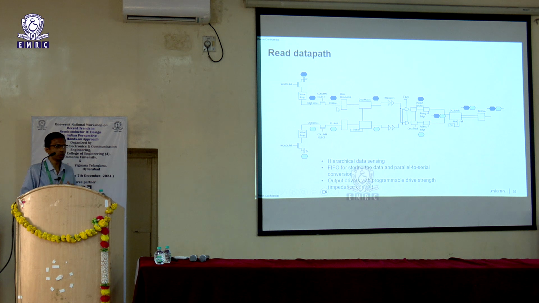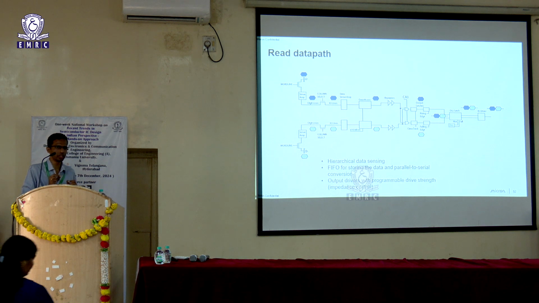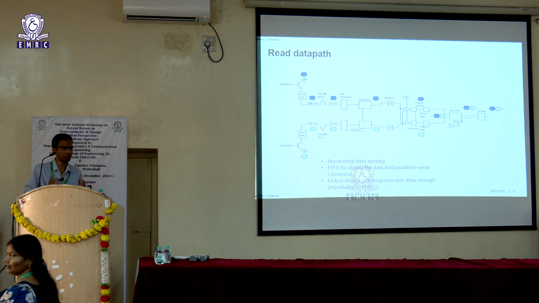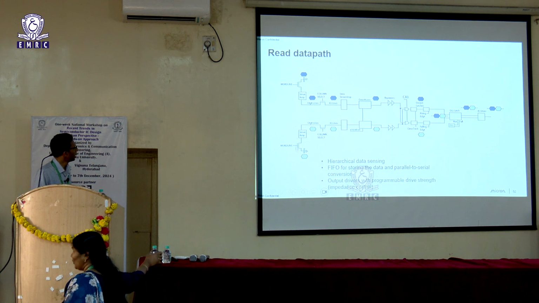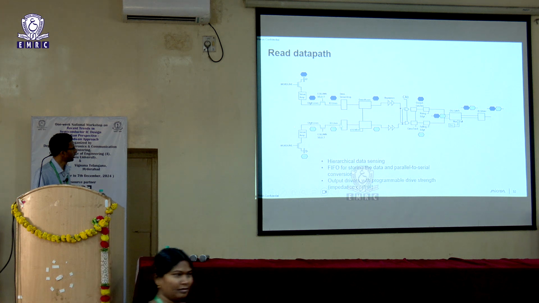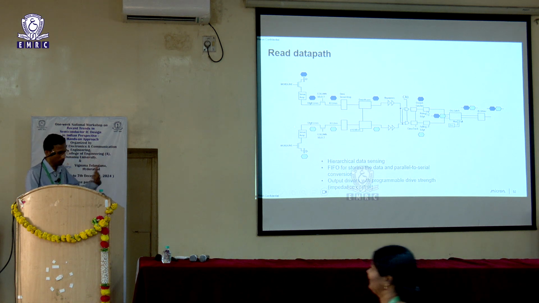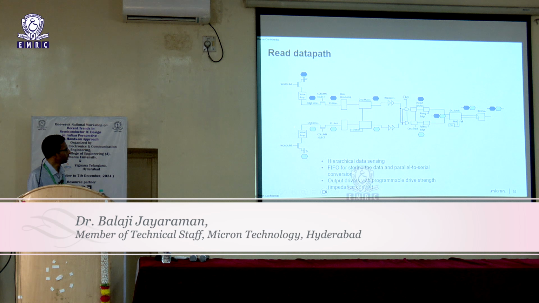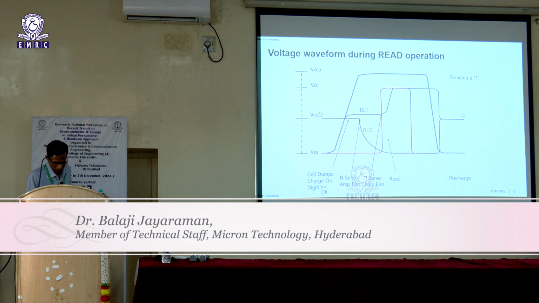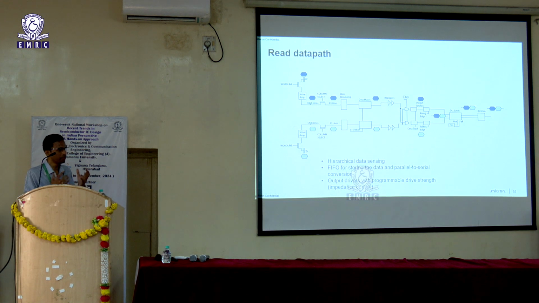As I said, we don't restrict ourselves to just one bit capture, we do that for multiple bits. Along with this you have multiple other cells that are getting turned on simultaneously. So you have a parallel stream of data channeling all the way up to your IO and your DQ, and whatever 8-bit or 16-bit prefetch that you do is transmitted serially onto your IO pin.